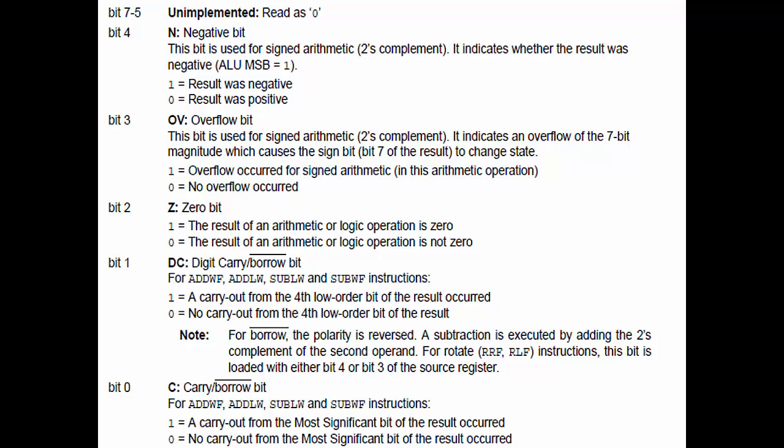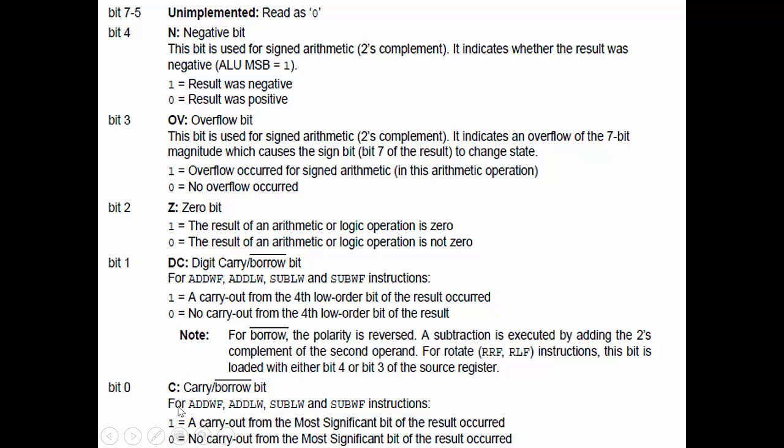Then it has to be added to the LSB or discarded, depending upon the operation we are doing. At the MSB, if the carry is generated, this carry bit is set. If it is 1, then a carry out from the most significant bit of the result occurred. If it is 0, no carry out from the most significant bit occurred. So this is simply the carry or borrow bit.